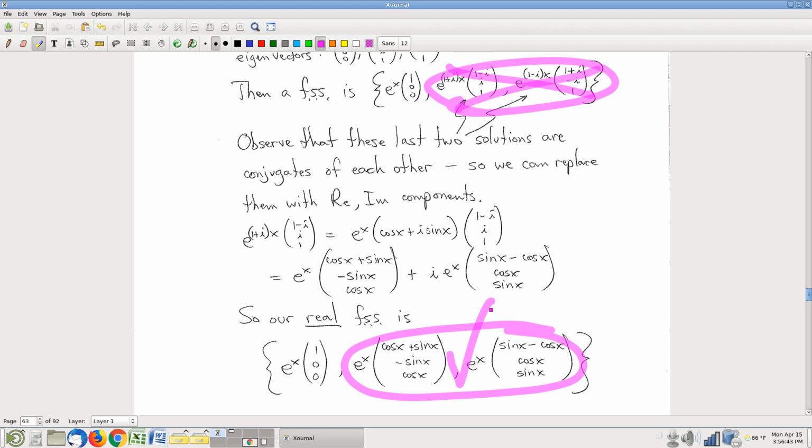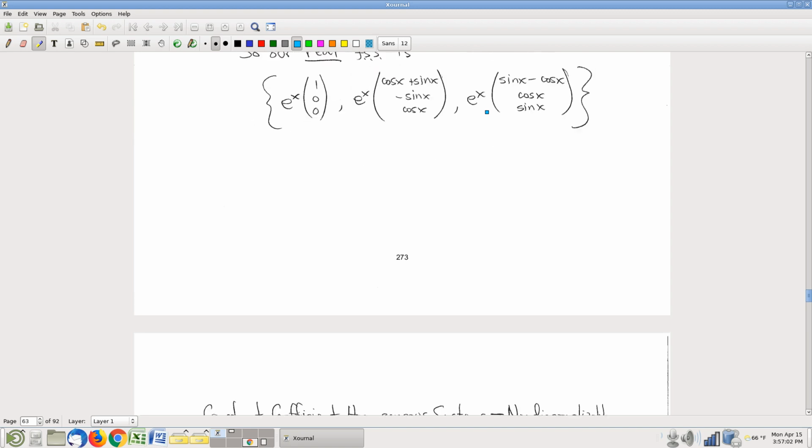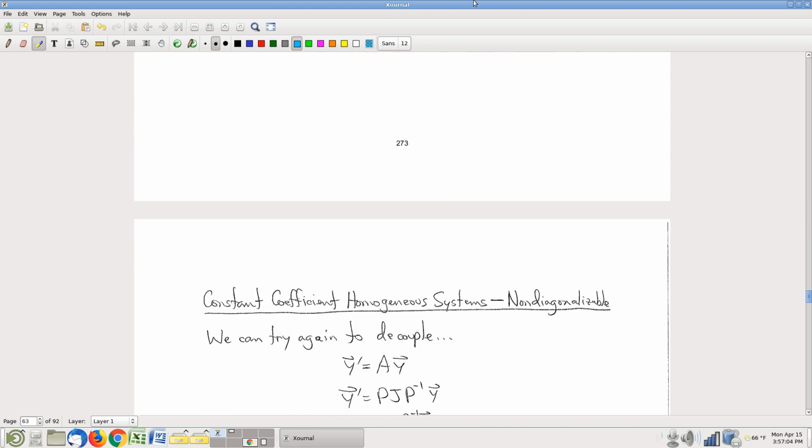And of course that first one, nothing happens to this guy. He just follows along. That's fine. How are we doing? Everybody follow? Okay, so that's the diagonalizable case.